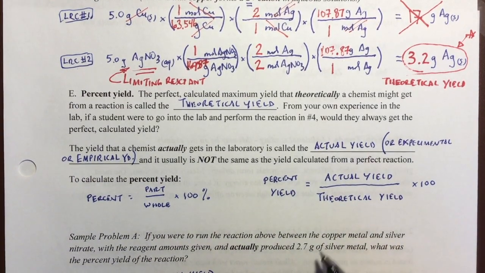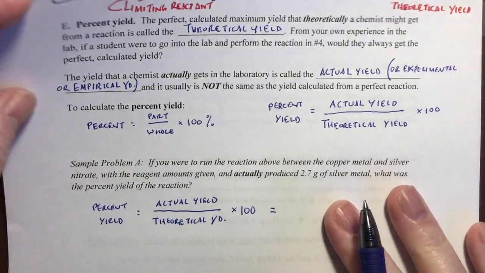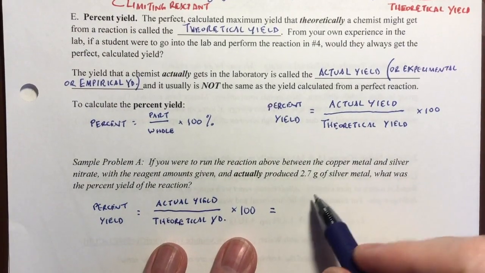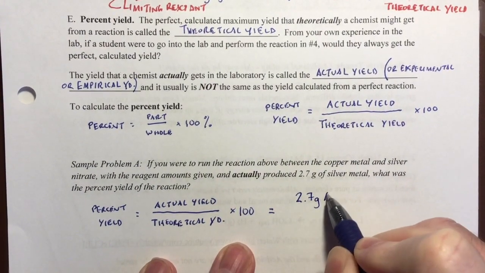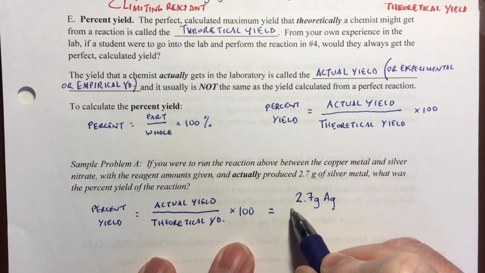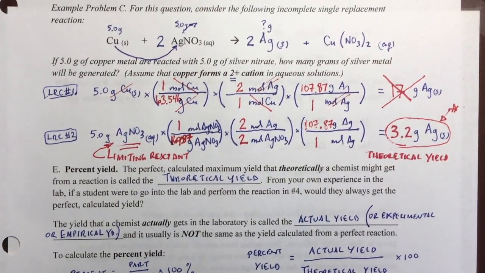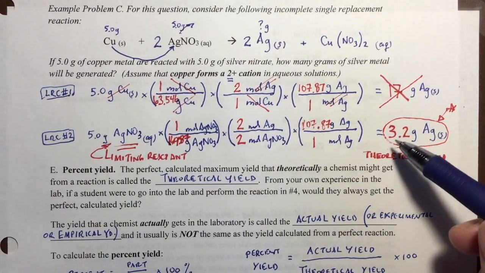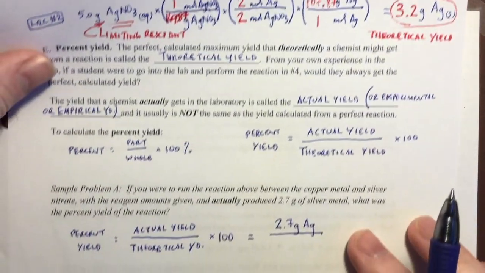So the actual yield, they told me, was 2.7 grams of silver. And what was the theoretical yield? Well, fortunately, we've already done all that math, and the theoretical yield was 3.2 grams of silver.